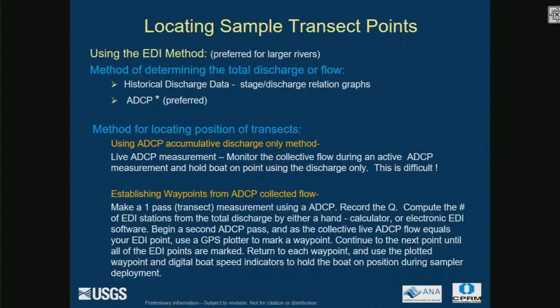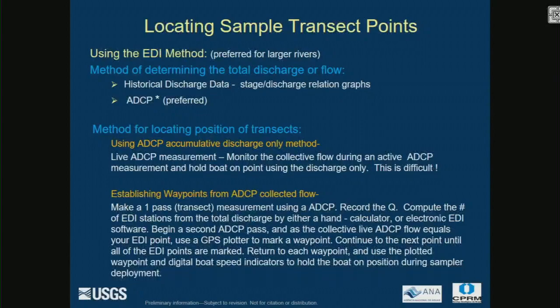So in doing that, what we started to do was, this was the cumulative discharge only method, where we were measuring the discharge, computing where our stations were, cutting the Doppler back on, going back out and trying to hold it exactly on 640 or 64,000 CFS, cubic meters per second, whatever your units would be, is very difficult.